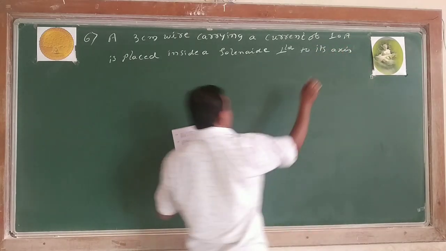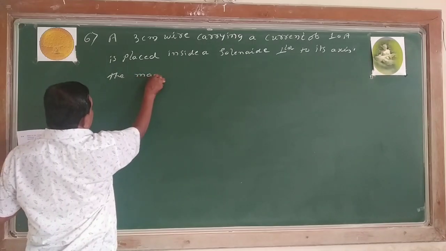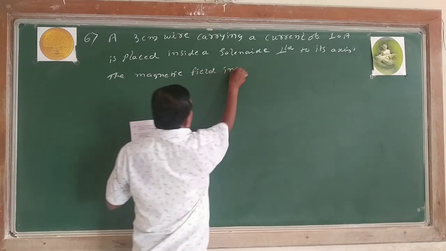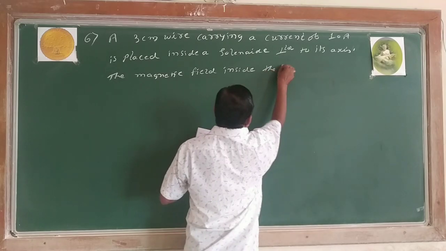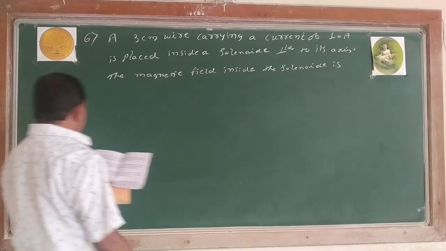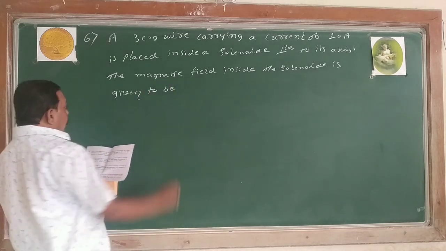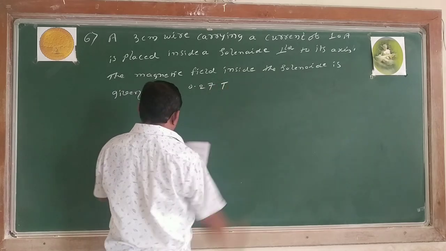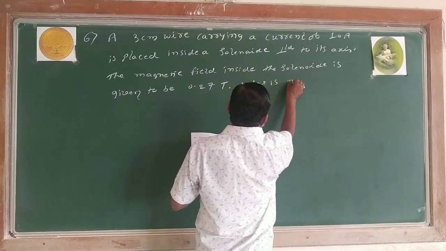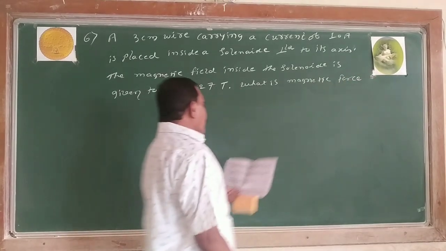Full stop. The magnetic field inside the solenoid is given to be 0.27 Tesla. What is the magnetic force on the wire?